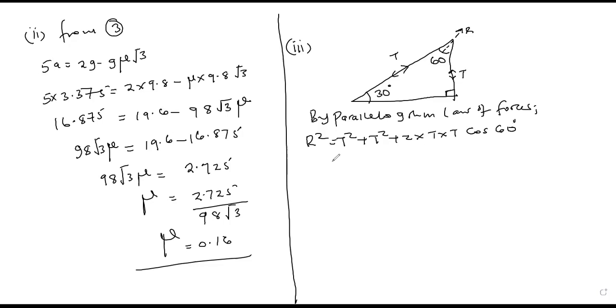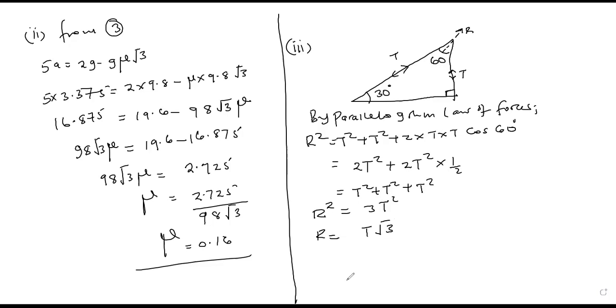So we are going to have R squared as 2T squared plus 2T squared times a half, which is T squared plus T squared plus another T squared. So my R squared is equal to 3T squared, and therefore my R, if I take the root, is going to be T root 3.